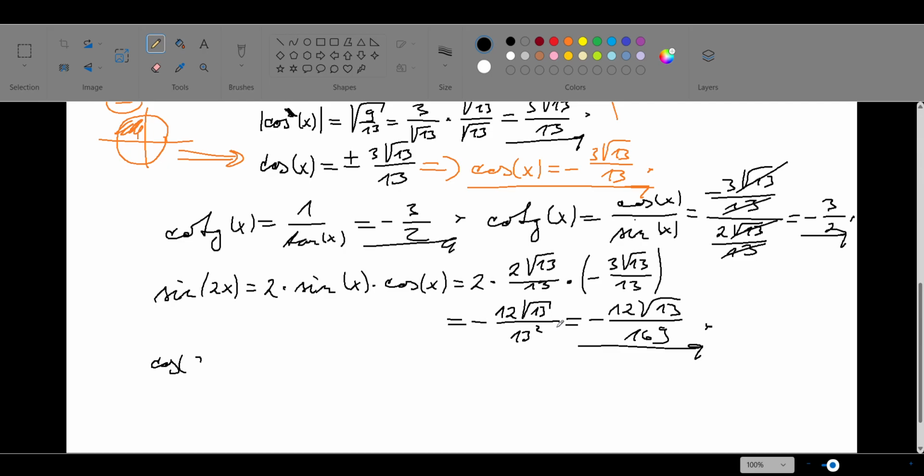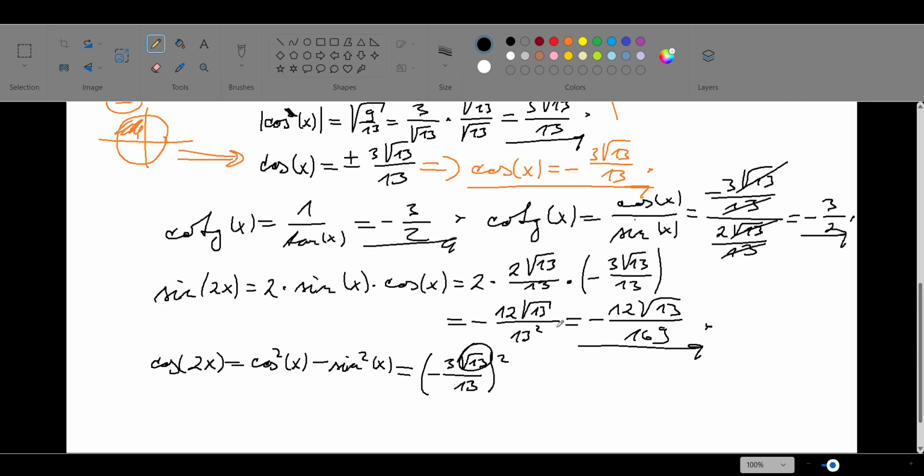Now the same procedure for cosine of 2x, which is given by the double angle formula, which says cosine squared of x, take away sine squared of x, and in this case it's going to be, I guess, a little bit nicer number, because cosine of x squared means negative 3 square root of 13 over 13 squared.